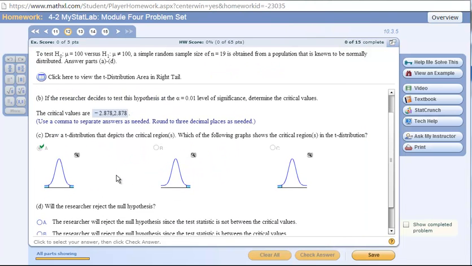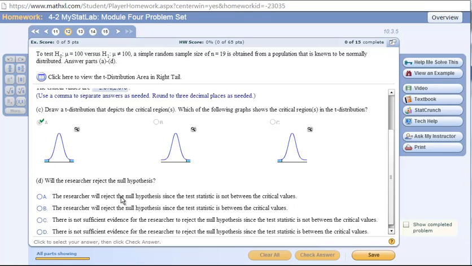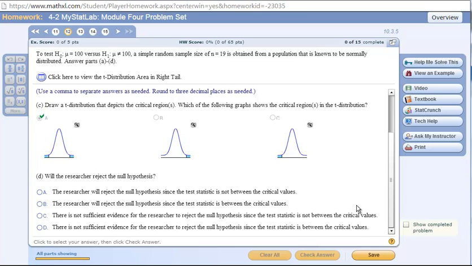Let's take a look at the answer choices. There is not sufficient evidence for the researcher to reject the null hypothesis since the test statistic is between the critical values.